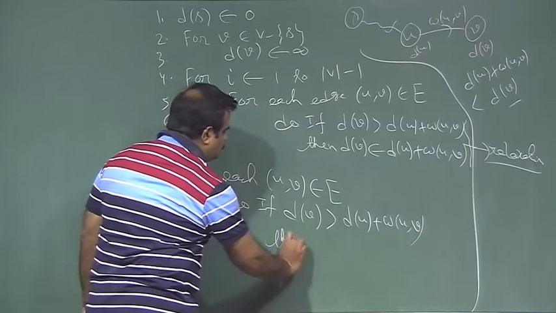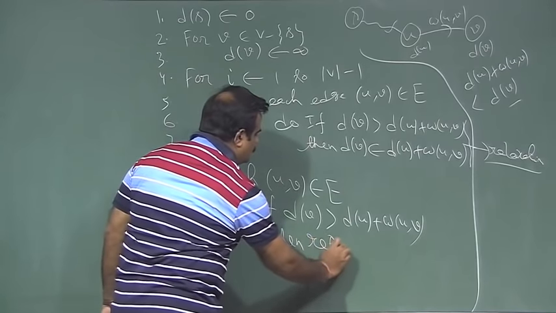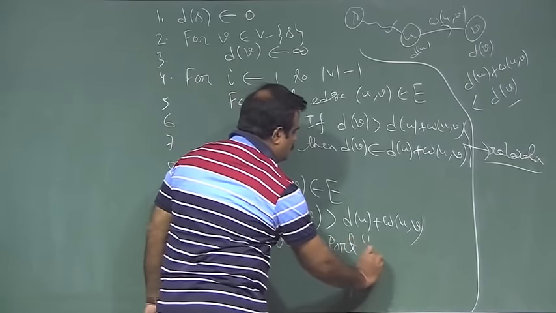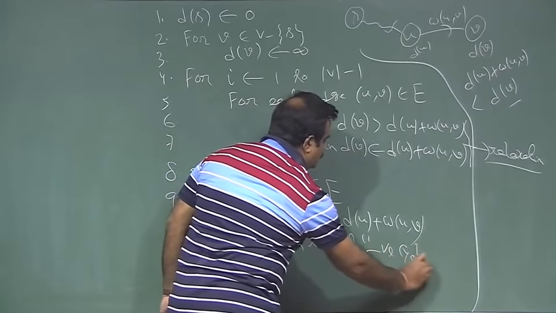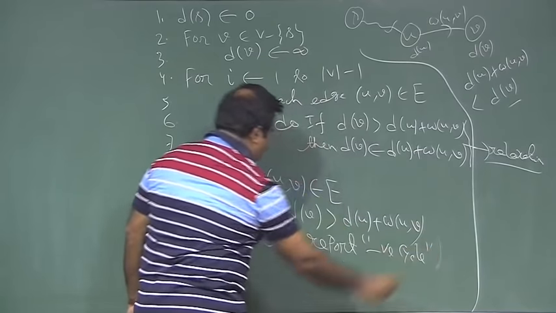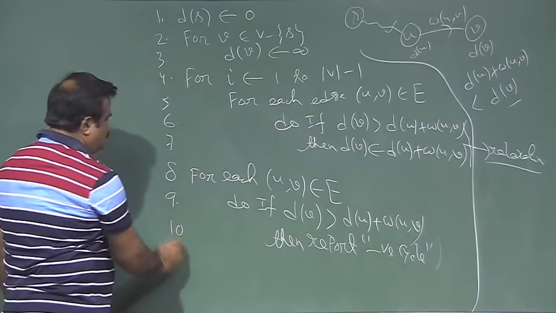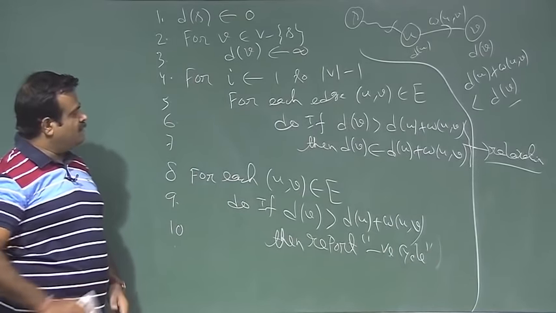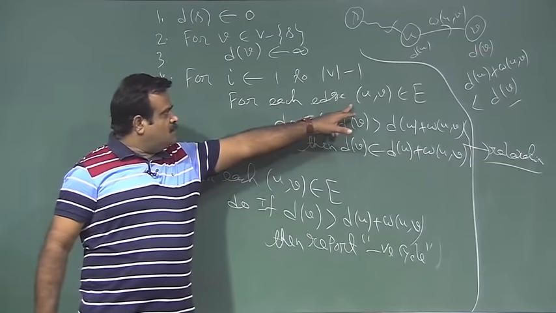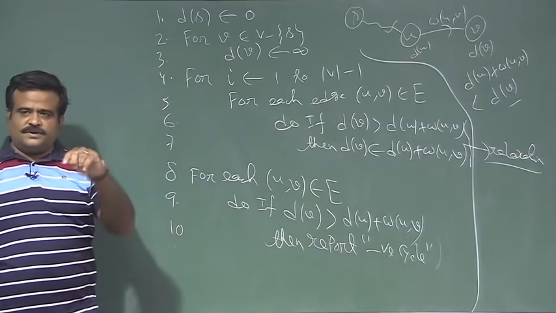Then report negative cycle. That is it. So this is the pseudocode for the Bellman-Ford algorithm. For this purpose, in the last class we took one example.